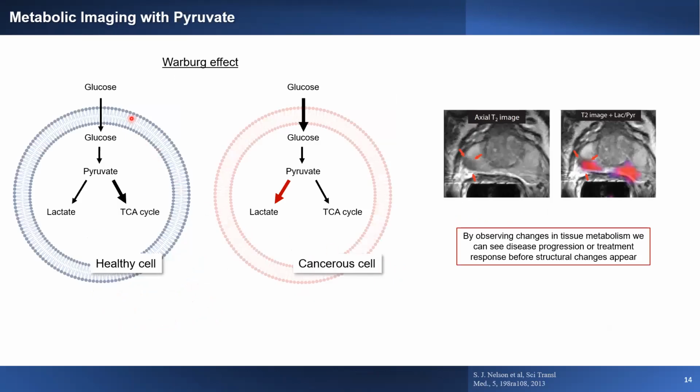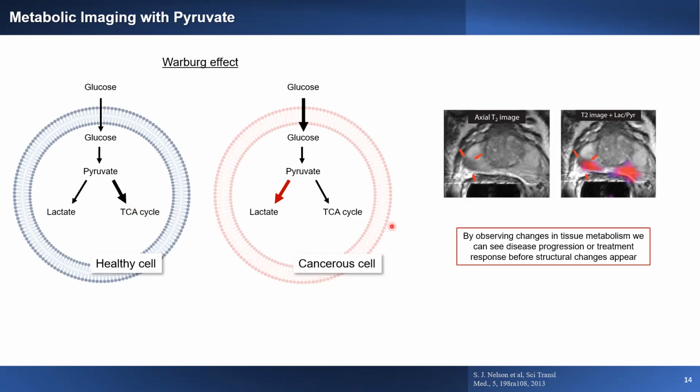Okay, and then, well, this is an explanation as to why pyruvate to lactate conversion is the current gold standard for this sort of in vivo metabolic imaging. There's something called the Warburg effect, where healthy cells uptake glucose, and that's converted into pyruvate, and then that can be converted to lactate or enter the Krebs cycle, the citric acid cycle.